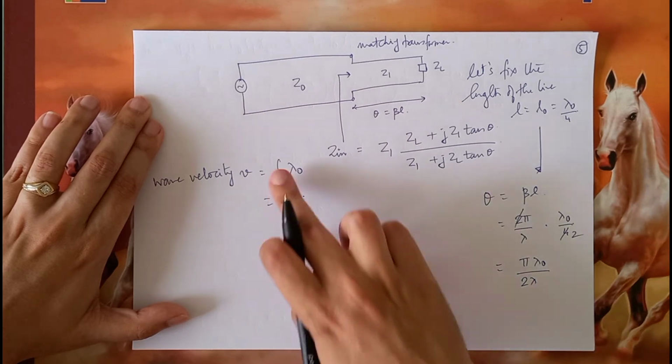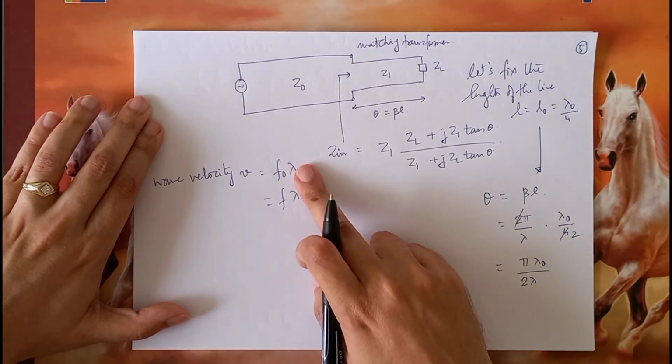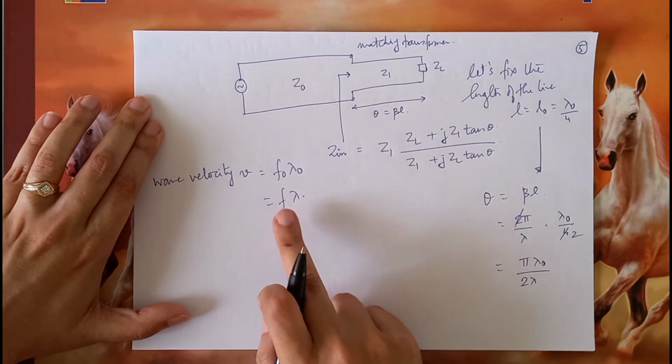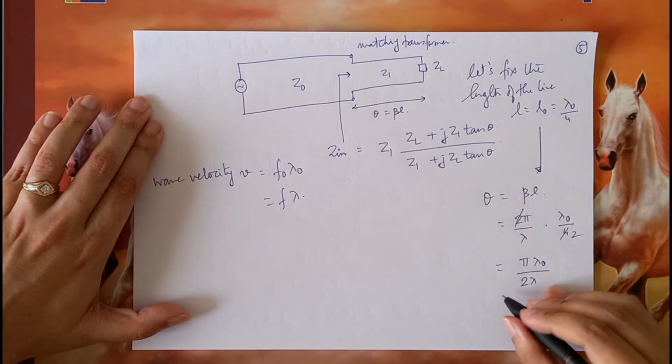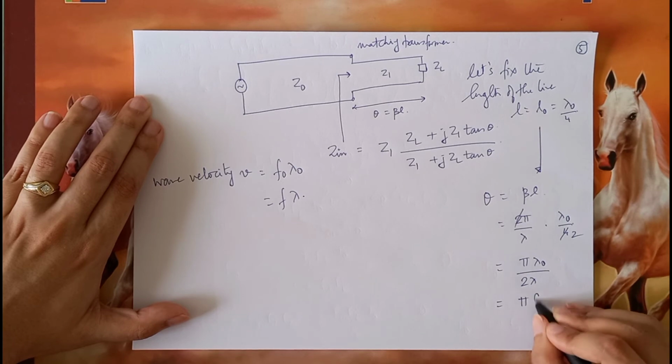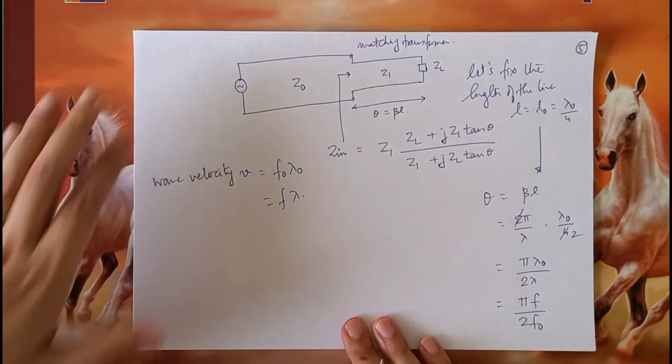So therefore, if you simply put lambda 0 as v by f0 and lambda as v by f, you will get this becomes equal to pi f by 2 f0. Effectively the reverse.